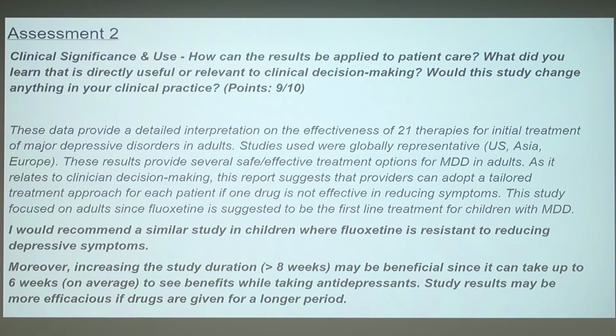Basically, as providers, if one of these 21 drugs isn't working, you can keep moving down the list all the way until you find a drug that works out of 21 options. I don't know a lot of conditions that have this many options for treatment.